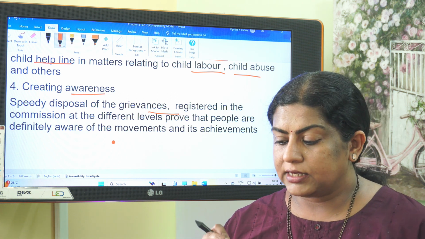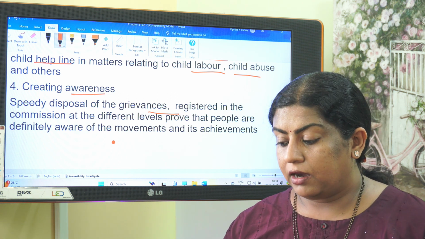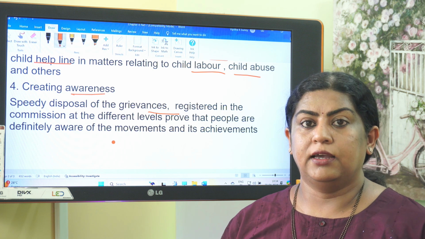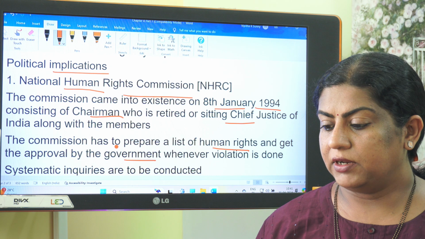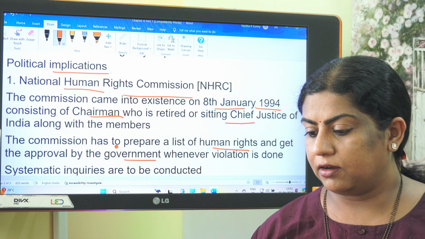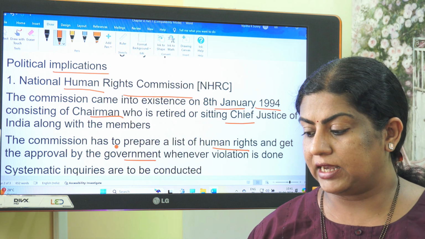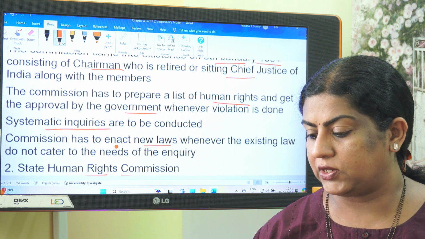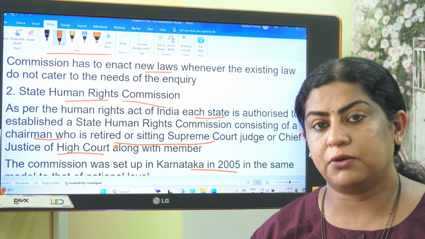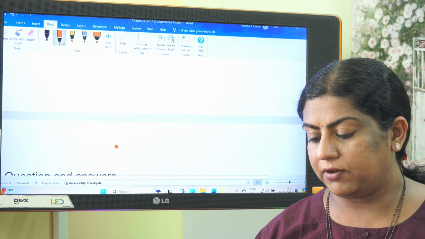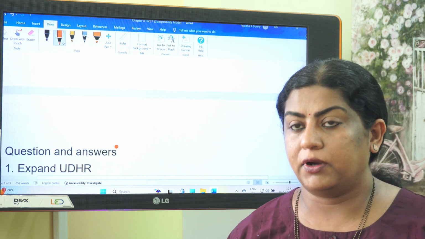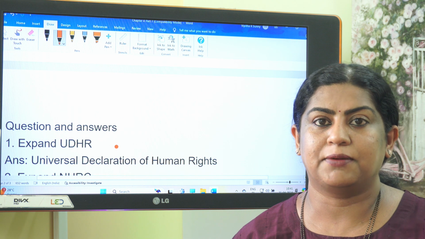So this makes us understand that people are aware of these movements and they have had a lot of achievements. So the political implications of the human rights movement: one is the National Human Rights Commission, NHRC, then you have the State Human Rights Commission, child rights and creating awareness. So all these are the points regarding the human rights movement.